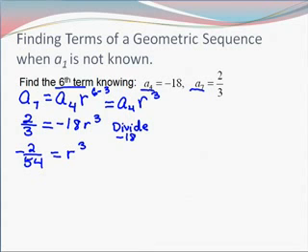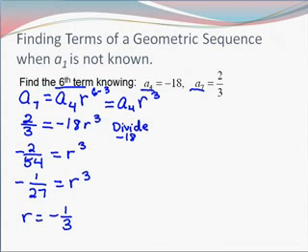Now we can reduce this fraction. We get negative 1 over 27 equals r cubed. And taking the cube root of both sides, r equals negative 1/3. And be careful that you make sure you have that negative sign on your 1/3.